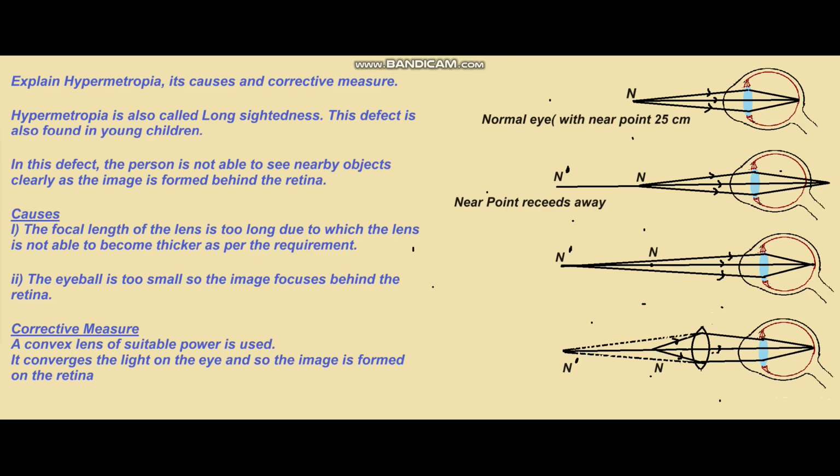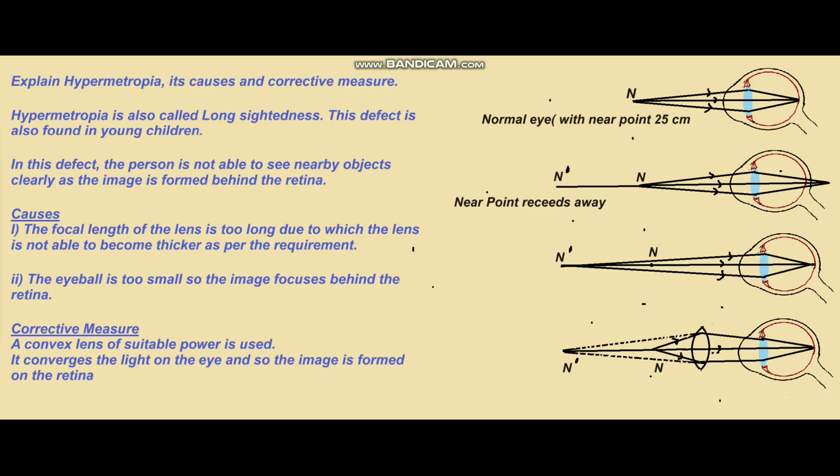clearly. Now, when the person has hypermetropia, then the near point recedes away from 25 centimeters. So, the person is not able to see objects kept closer to the eye.